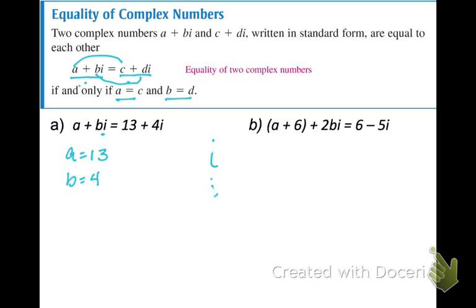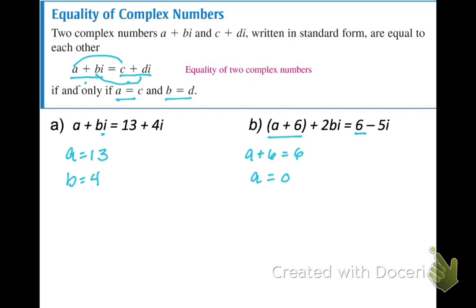Okay, so the next one is going to be a little bit more challenging. Not really. a plus 6 plus 2bi equals 6 minus 5i. So what are the real parts on the left? a plus 6, yes? And on the right? 6. So a plus 6 has to equal 6. So a is what? 0, right?